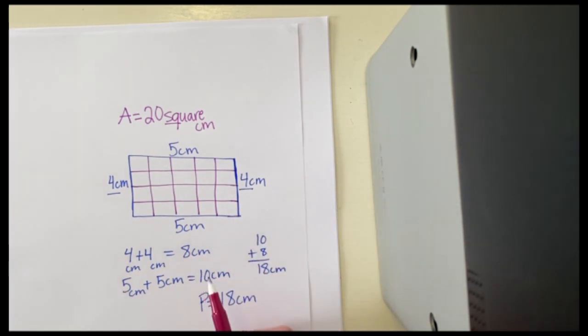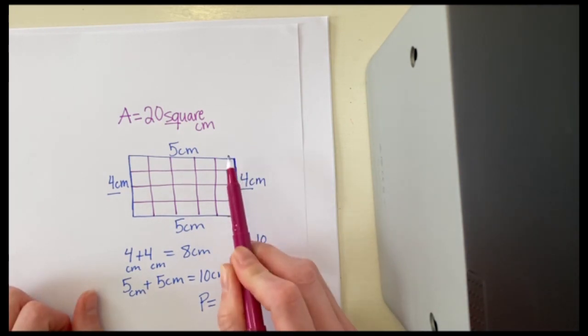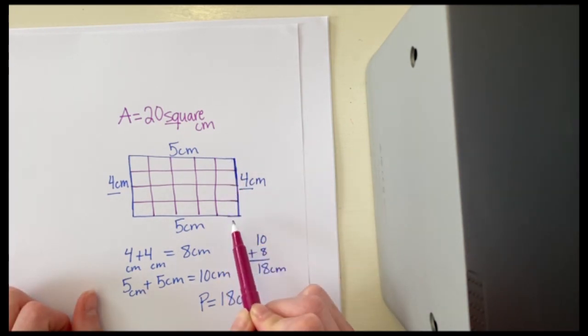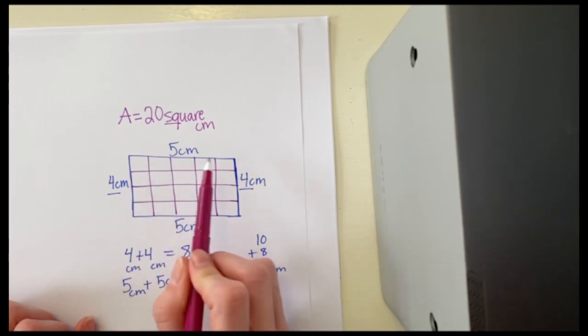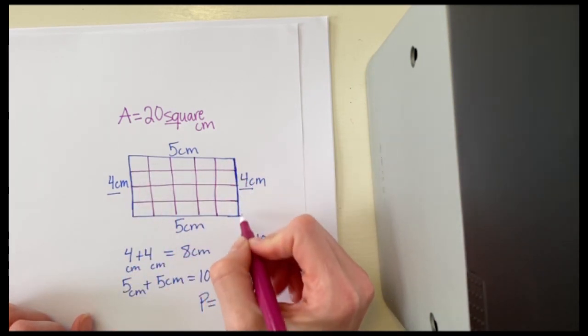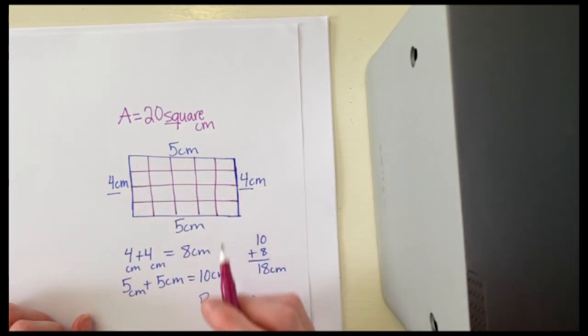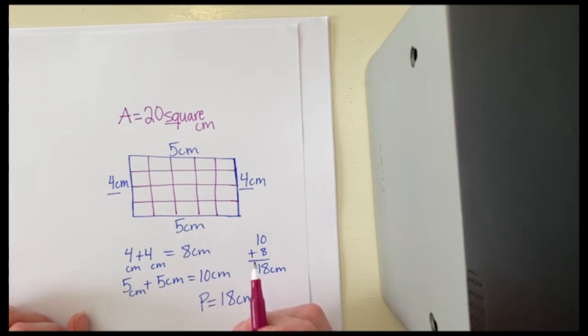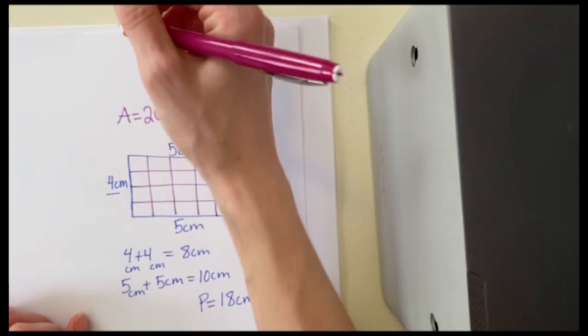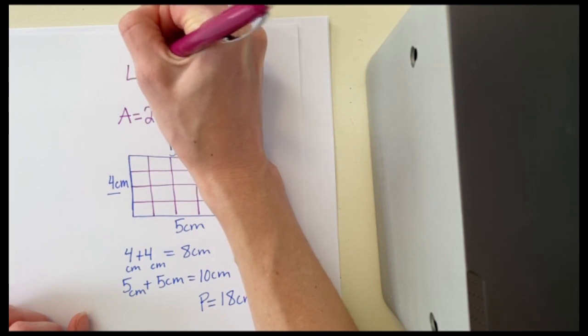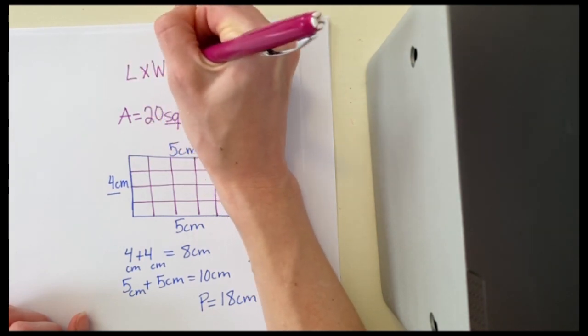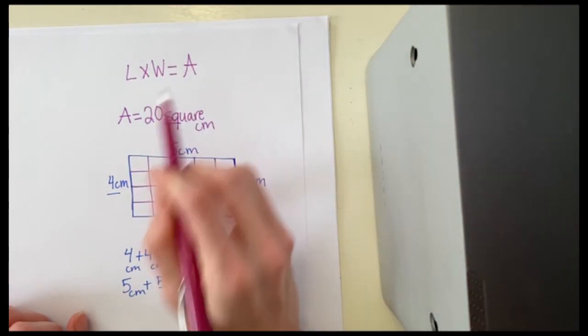There's also one more way of doing this, the more advanced way, which would be, oh, okay, if this side length is 4 and this is 5, we would say that this is the length, this is the width. The formula for area is length times width, and it equals area.